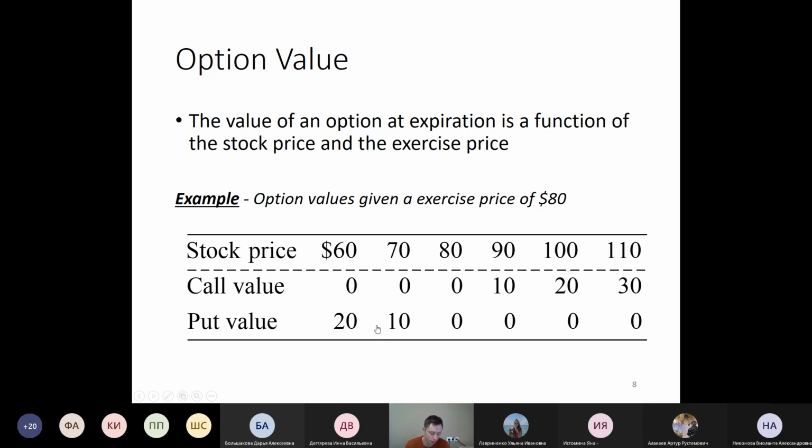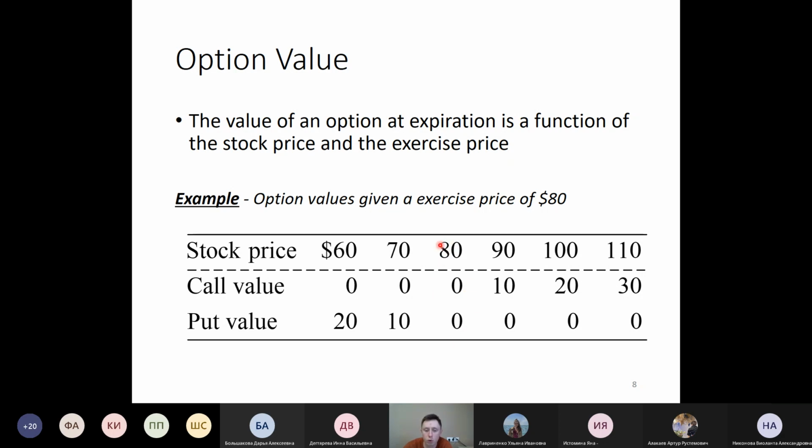So those will be exercise price and the price of the option, which is currently on the market. If the exercise price is close to the current market price, then the value of the option would be close to zero.